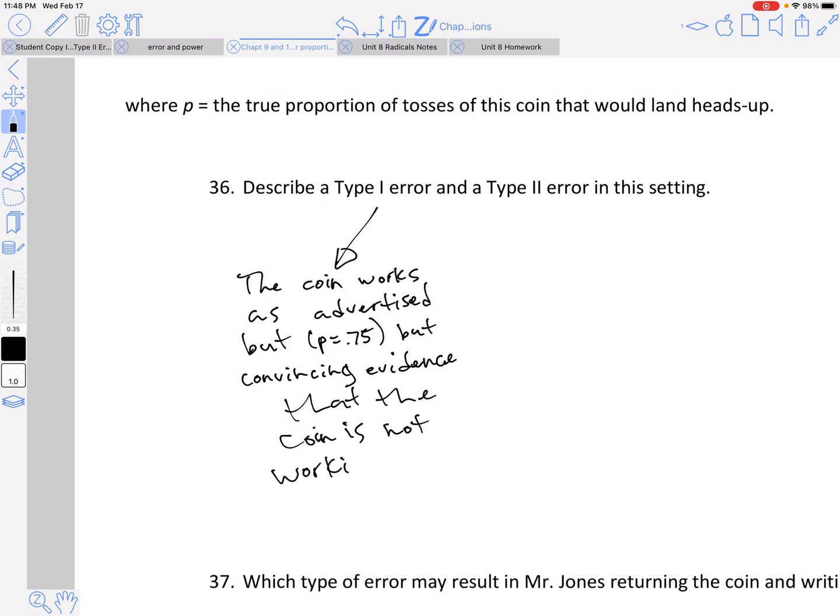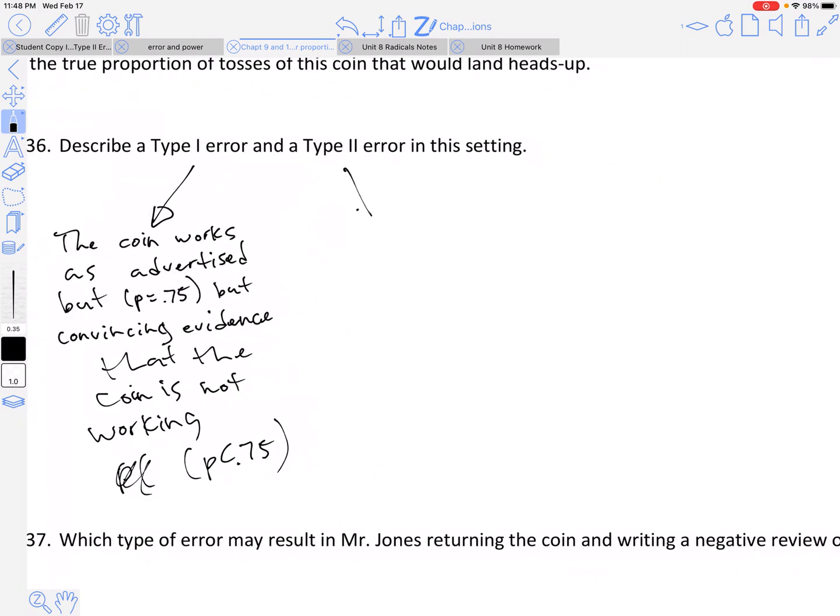So kind of think how that could happen, right? Okay, so P is less than 0.75. How could we get evidence, right, when it really was true? Kind of think of that. Okay, type 2 error. The coin does not work as advertised.